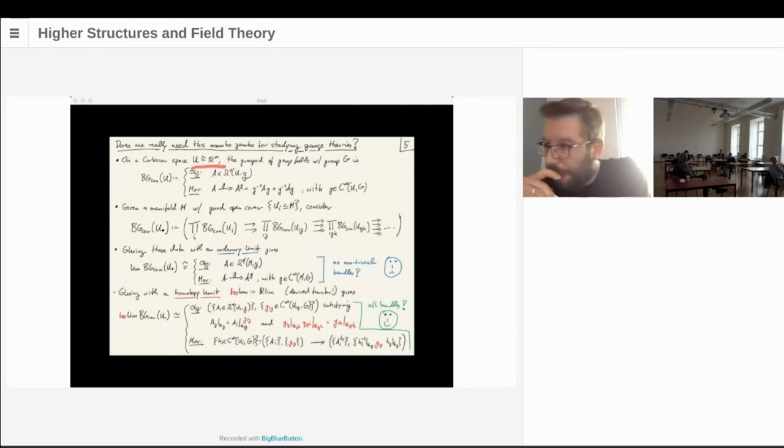So let's start very easy. Now on a Cartesian space, we know very well what is the groupoid of gauge fields with structure group G. It's simply the groupoid whose objects are the gauge potentials. So these are the connections, and because we have a Cartesian space, there are no non-trivial bundles. So everything lives on the trivial bundle, and the gauge fields are just one-forms with values in the Lie algebra. And the morphisms of this groupoid are gauge transformations.